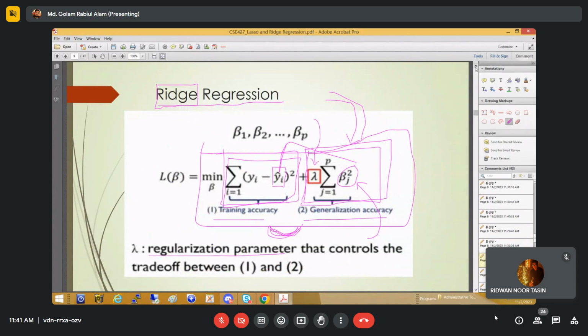Because y hat is what? Y hat is our predicted equation, and the predicted equation we usually write as intercept plus slope times x. And if we want to use higher degree polynomials, then plus slope times x square.